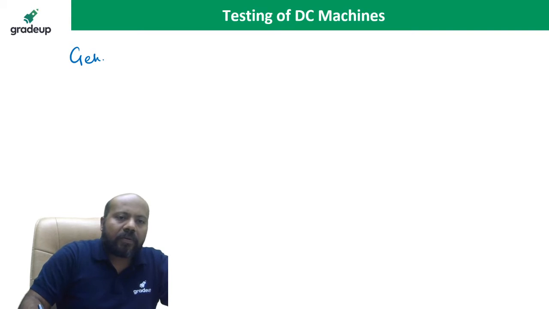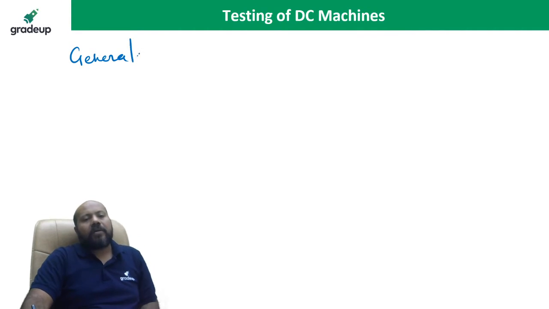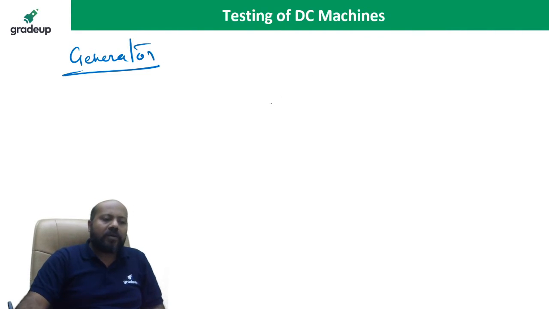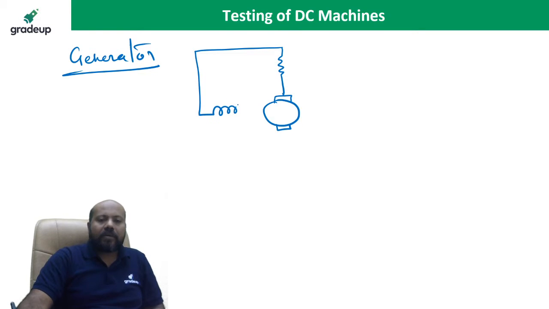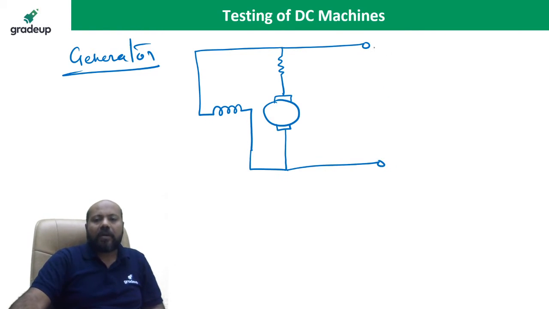If you want to perform this test for the generator, then what you are going to do, suppose this is your motor, this is your shunt field, this is your terminal, and here you are connecting a load.